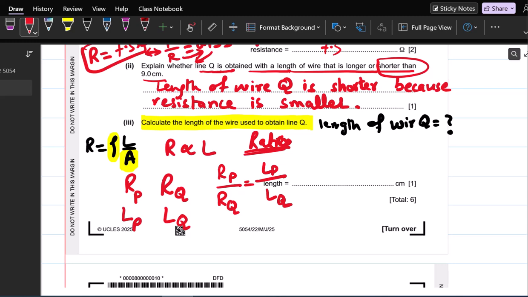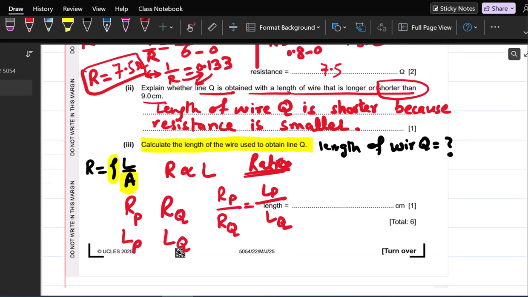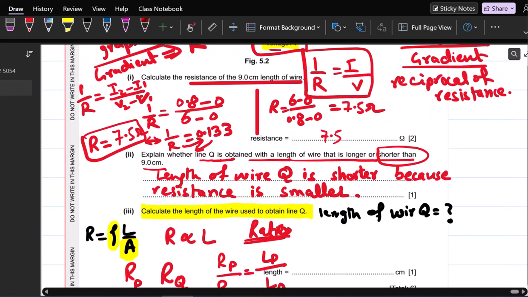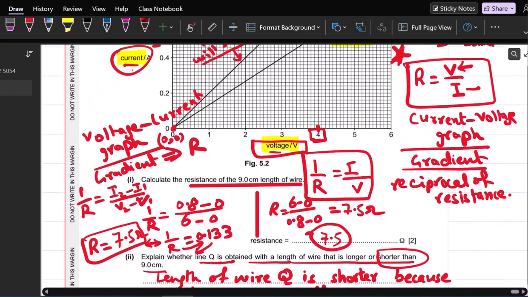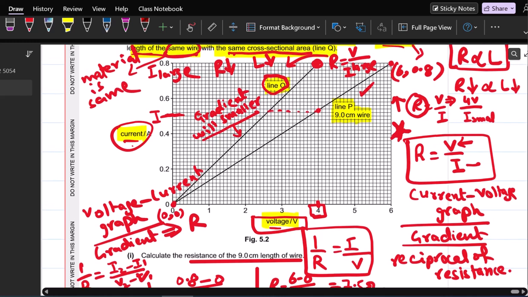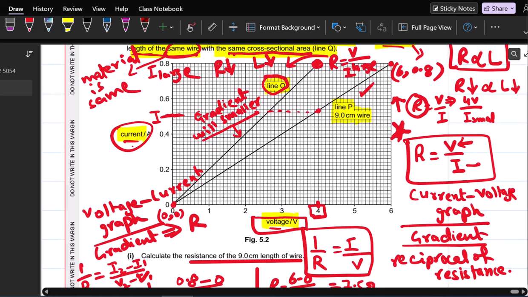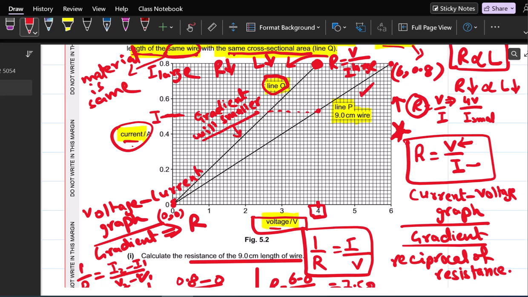So we can use the resistance, that is 7.5. We can find the resistance of Q here by taking the gradient of this. So it will be 4 comma 0.8, and this is the origin.